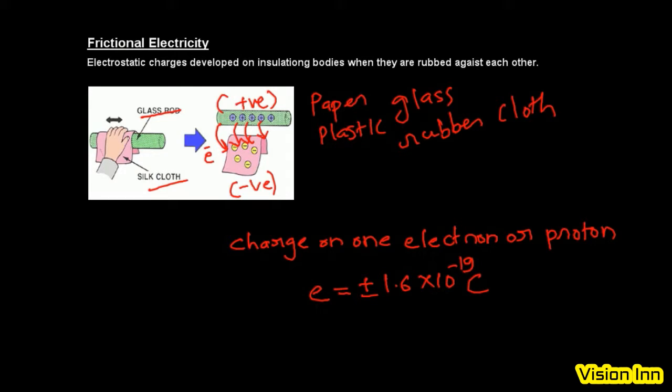It will be plus in case of protons and minus in case of electrons. So the value of one elementary charge is 1.6 into 10 raised to minus 19 coulomb.